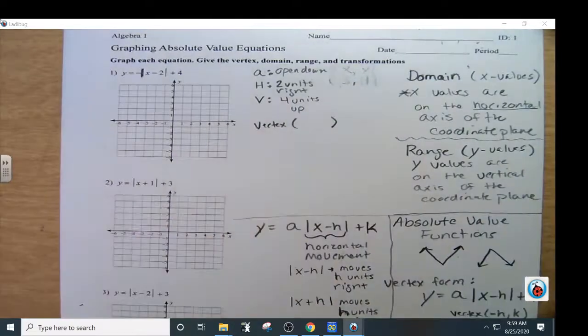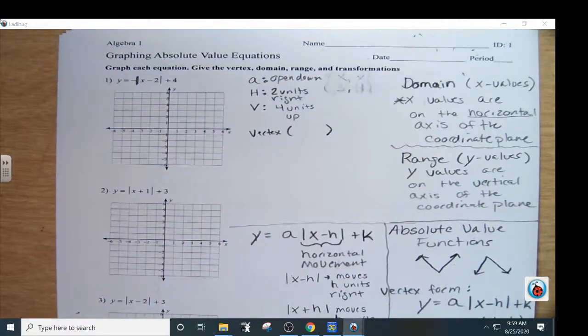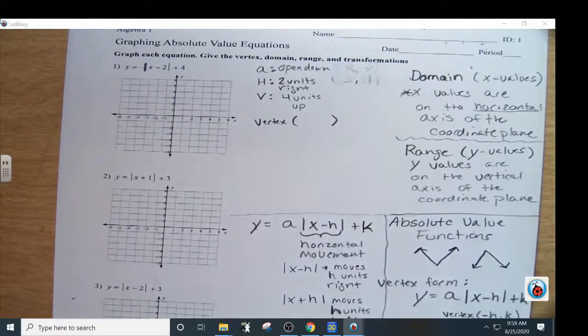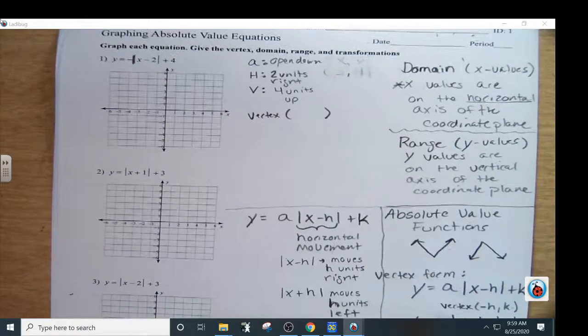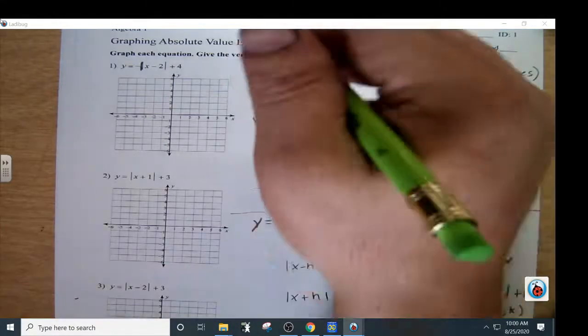Now, guys, without graphing anything, can anybody tell me what the vertex of this absolute value function will be? Good, Jeremiah. 2, 4.